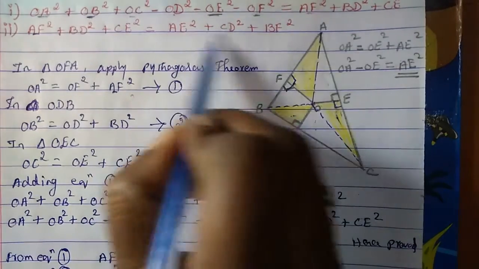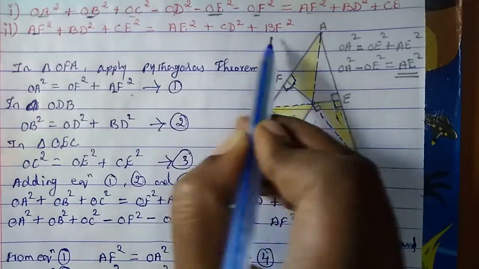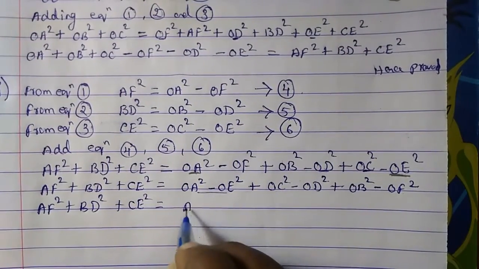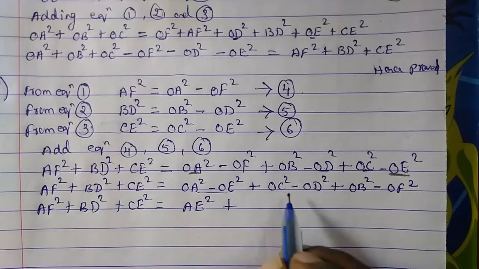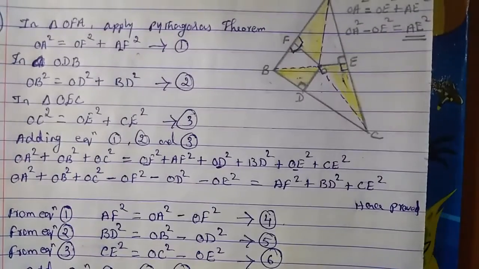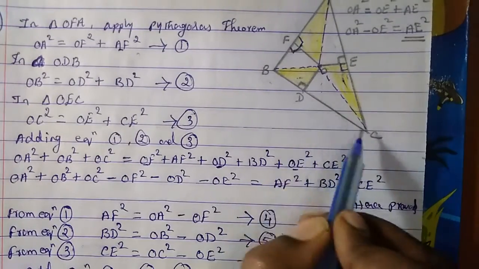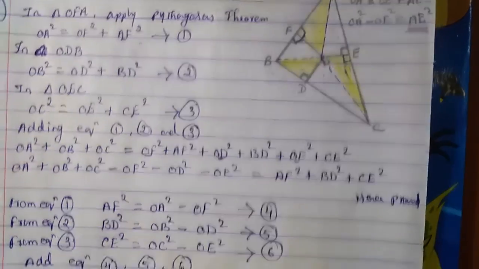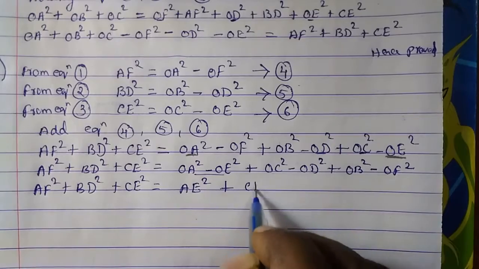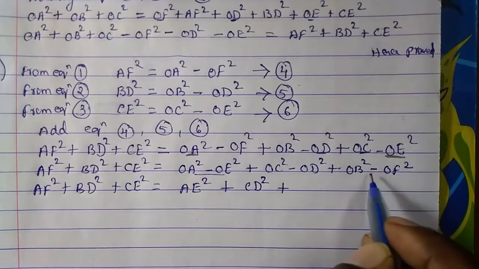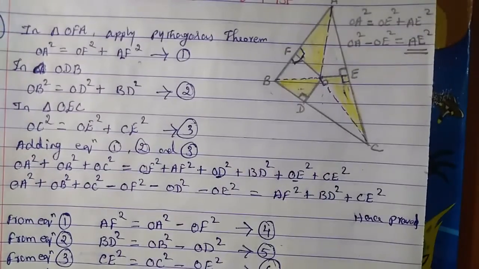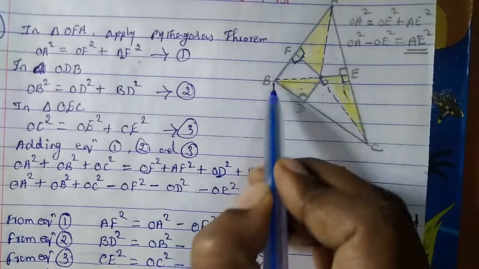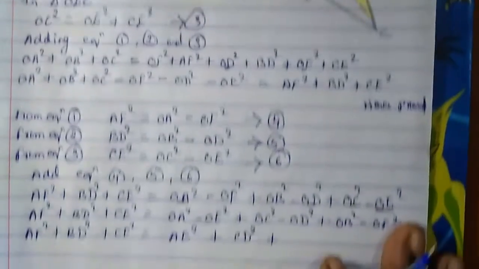So this is equal to AE square plus OC minus OD square, which is CD, so CD square, plus OB minus OF, which means BF, so BF square.